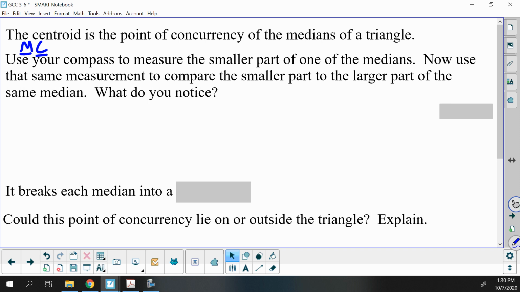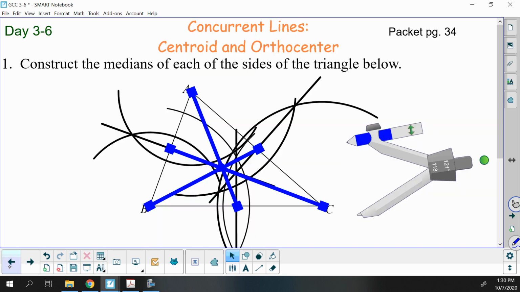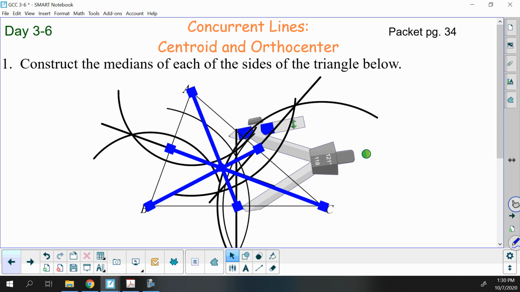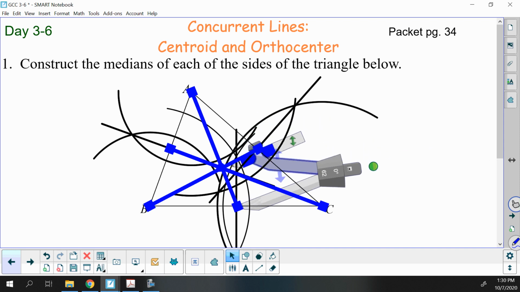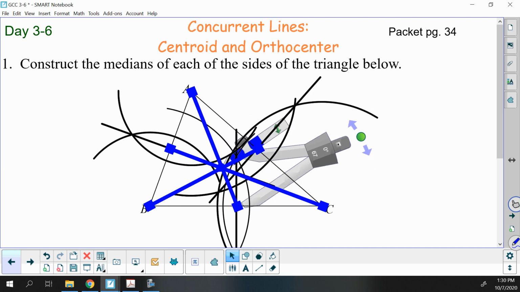Well, the next part wants us to use the compass and measure the small part of one median and see how it compares to the larger part. So let's take our compass and I'm going to set it to the small part here. Okay, so that's the small part of our median. Notice the median is getting split into a big part and a small part.